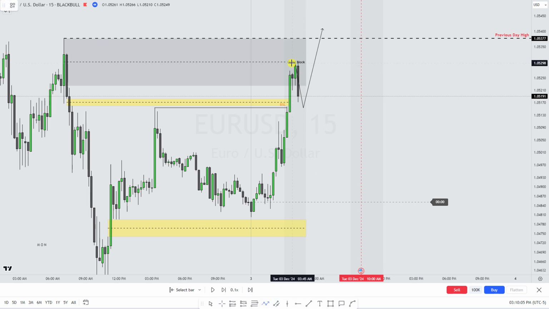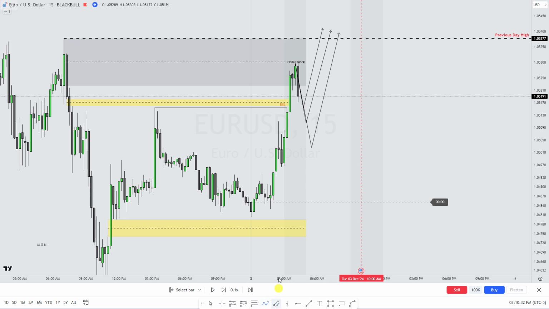Or another scenario is price can push all the way into this imbalance down here and find support, push the price to the upside. Another scenario is price can go all the way down into this order block down here and still push the price to the upside.